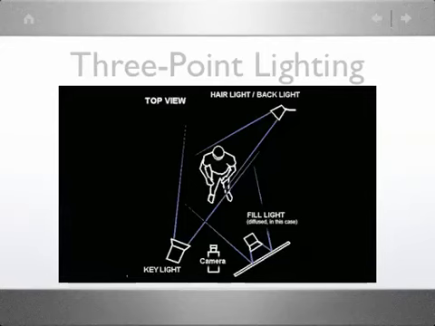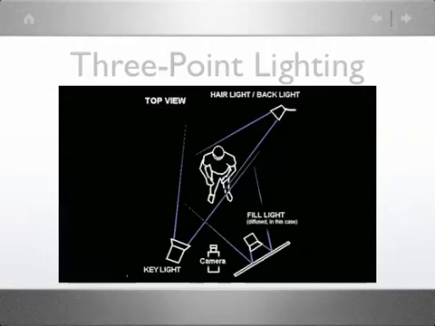And then the backlight is one that is behind, sometimes directly behind, but more often sort of at an angle from behind, as here, that separates or helps to separate the subject from the background that they're against, with the key light and the fill light shining from the front of the subject or onto the front of the subject.